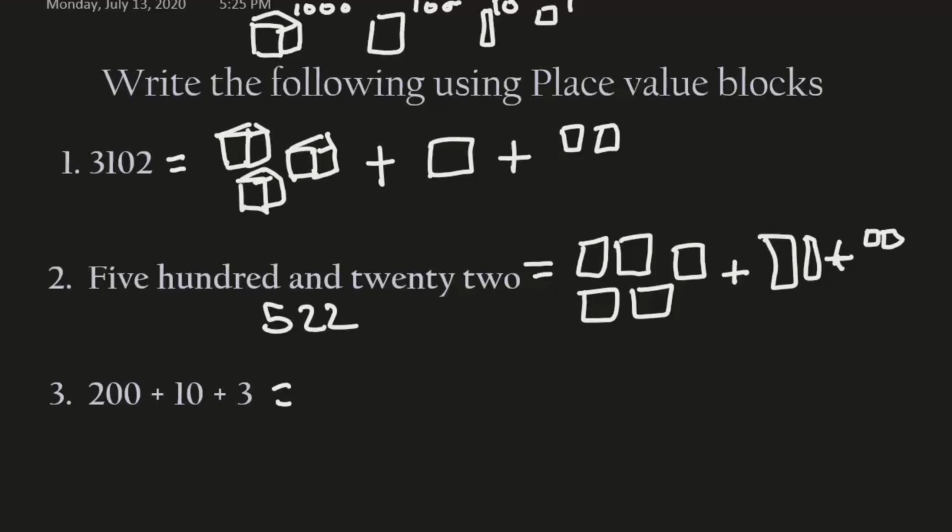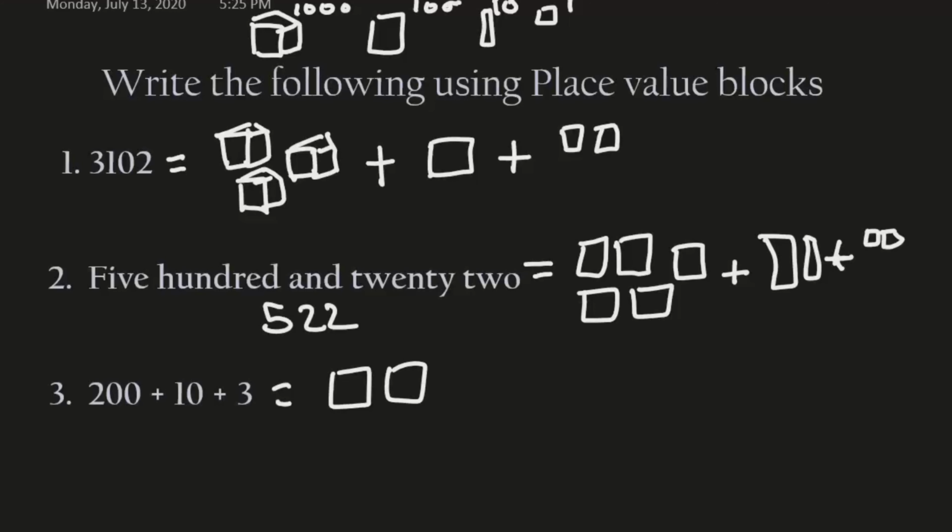Okay. Now, this one we don't really need to convert into standard form because it's easier for us in expanded form. 200. So that would mean 2 big squares.